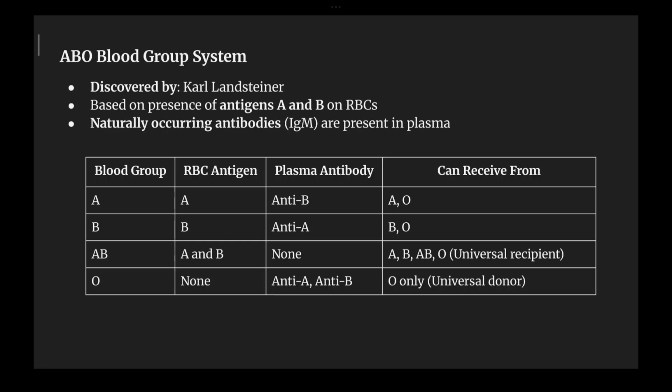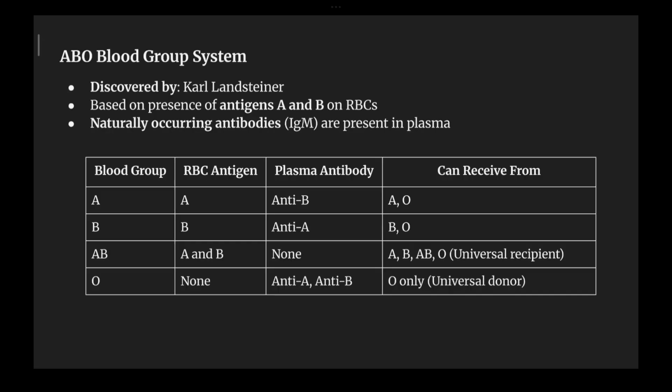Blood group AB has both A and B antigens and no antibodies in the plasma. Since they have no antibody acting against any blood type, they are universal recipients. They can receive blood from A, B, AB as well as O.